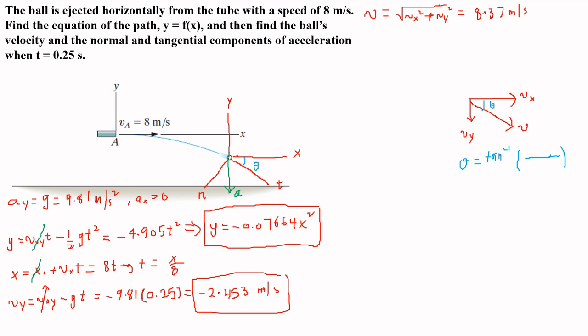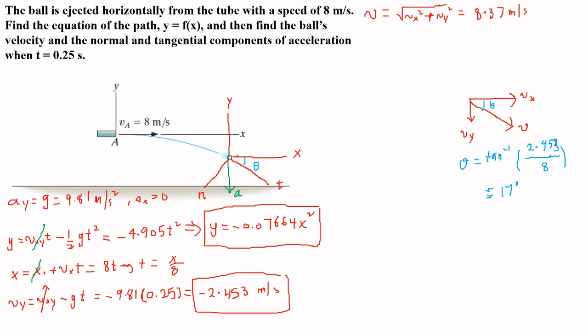Of course we take the absolute value of the y component of the velocity, 2.453, over 8. I got the angle as almost 17 degrees. So that's my theta.